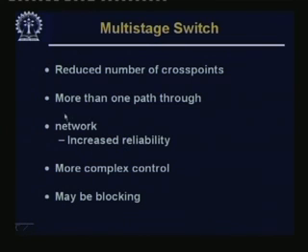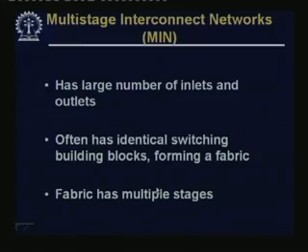Since there is more than one path through the network, even if one particular switching element becomes bad, they are still able to communicate. We will see. Of course, the control becomes more complex, and the other thing is that it may be blocking. As I said, in most cases it will not block, but in some cases it may be blocking.